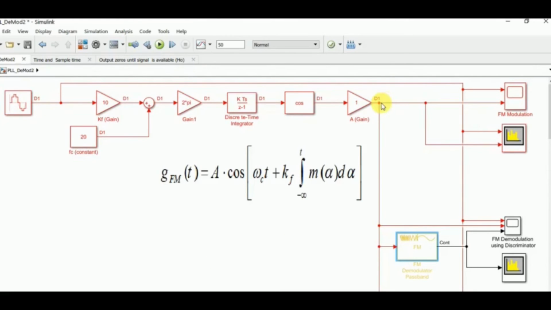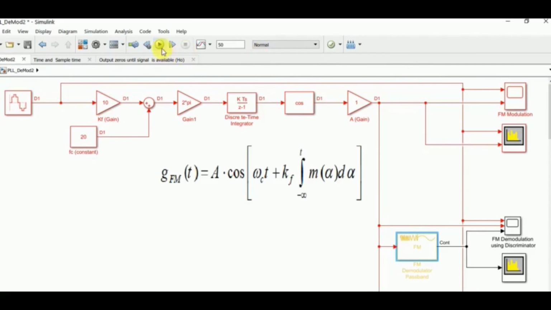The output of the frequency modulated signal is fed into the FM demodulator, and the output of the FM demodulator is fed to the scope. Also in the scope we have the frequency modulated signal and the original message signal. In the meanwhile, the output of the frequency modulator is also fed to the spectrum analyzer.